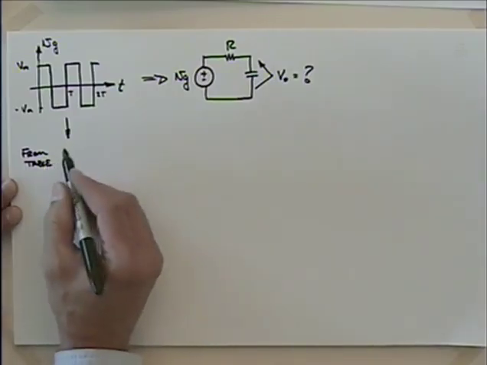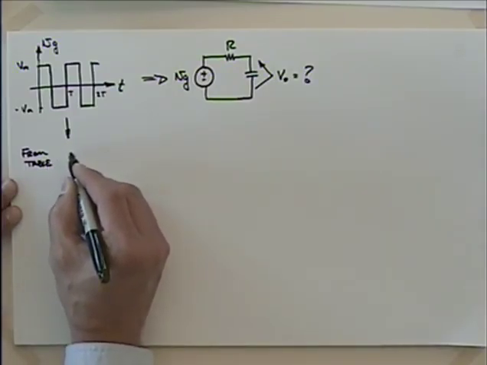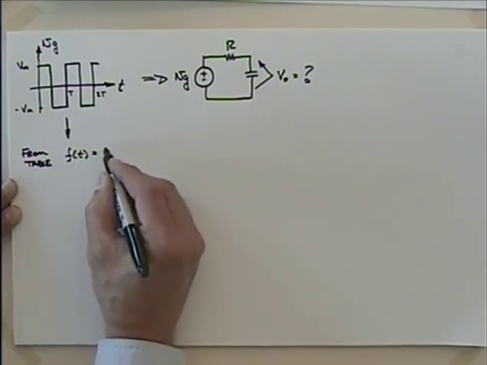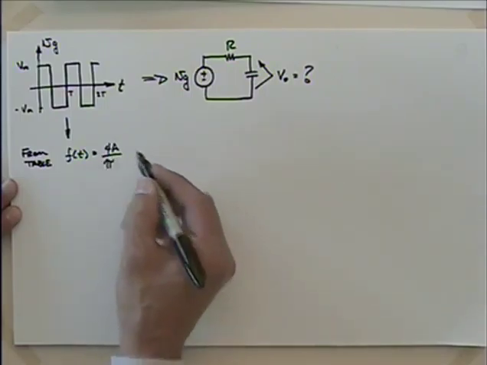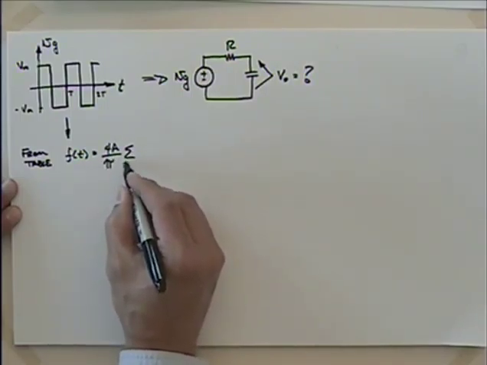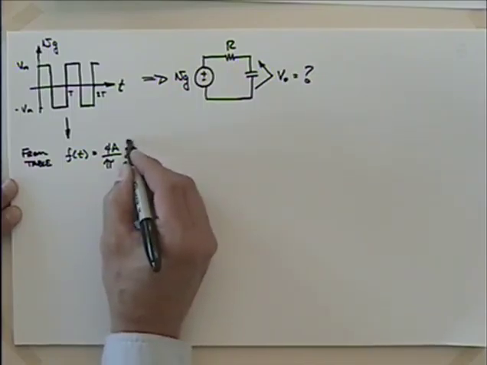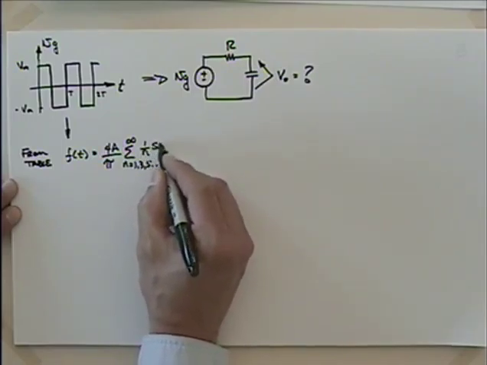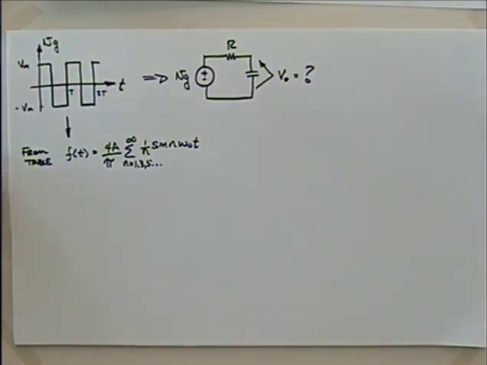I think in GE 103 last year you had a square wave, so you could see that f of t boils down to 4 times the amplitude divided by pi times the sum, n equals 1, 3, 5, and so on to infinity of 1 over n times the sine of n omega naught t.